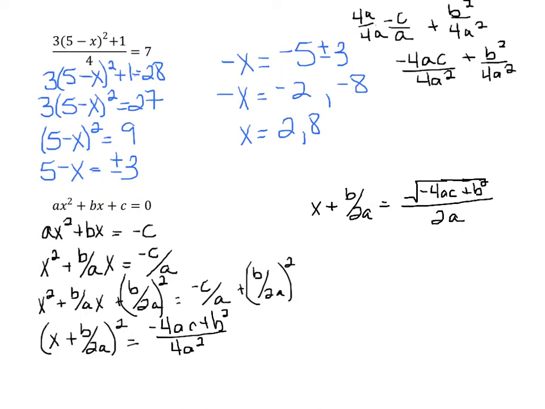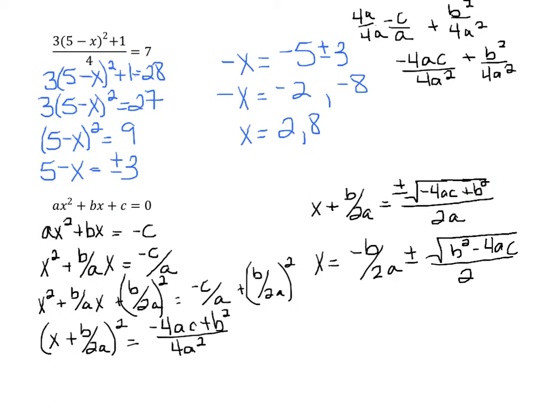Then I subtract b over 2a from both sides. Oh, by the way, that's a plus or minus. I'm going to rewrite this so that b squared is out in front. And since I now have the same denominators, we can write this formula that we're so used to seeing.